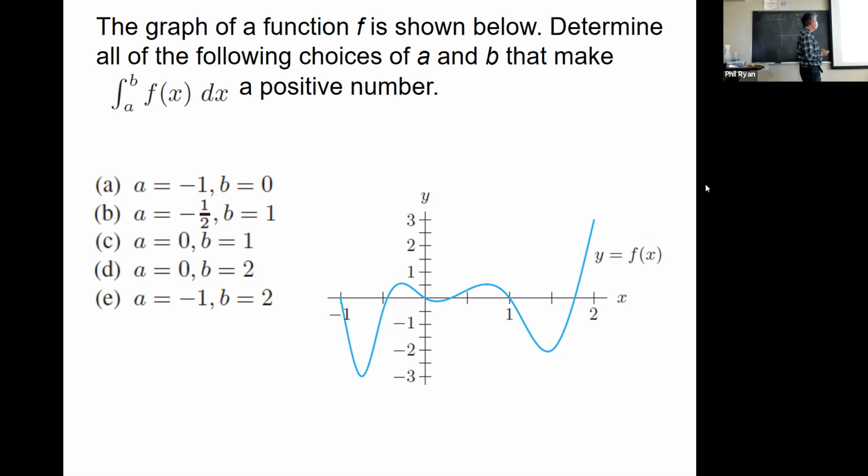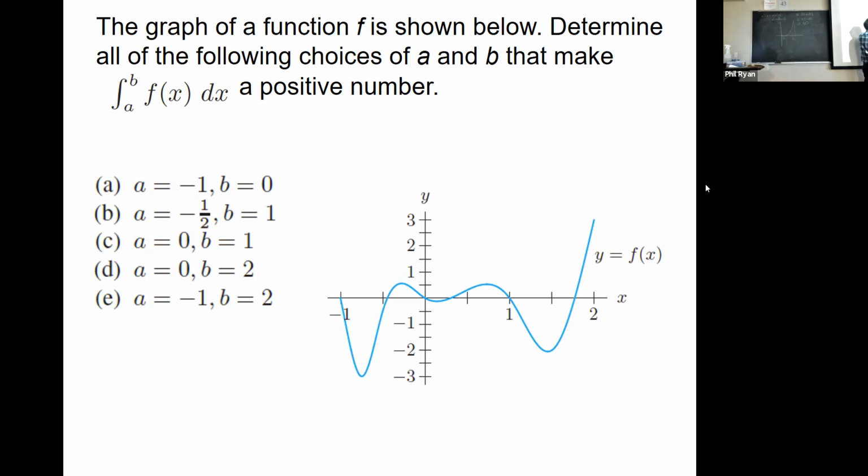Okay. So what do you think between -1 and 0? Positive or negative? Shake of hand. Yeah, it's negative, right? Because definitely this thing here outweighs that. What about -1/2 and 1? Between here and here, you think it's positive or negative?